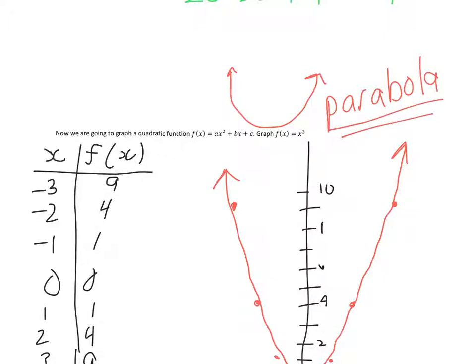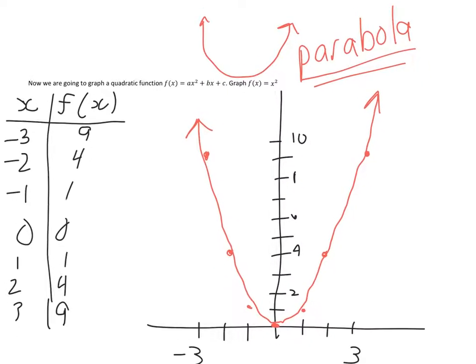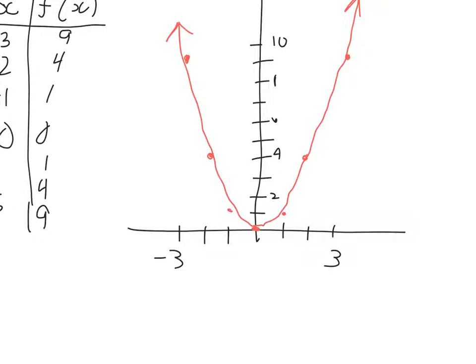So the shape is called a parabola, and we're going to just name some parts of our parabola. Let's go back down to here. In this case, the lowest point was that 0, 0, and it's called the vertex of the parabola. And in this case, it's the lowest point.